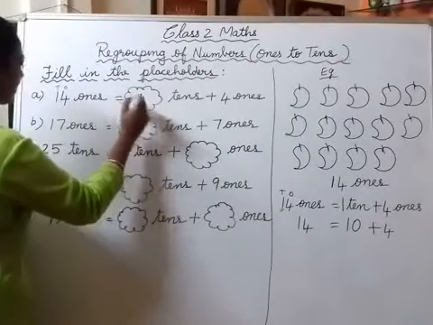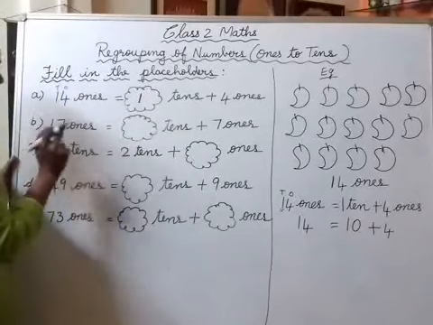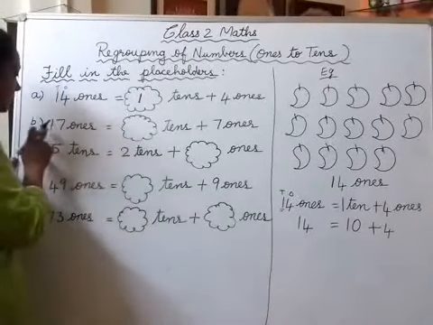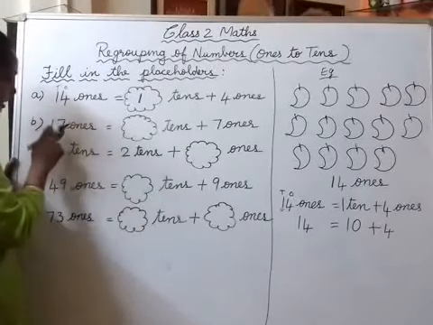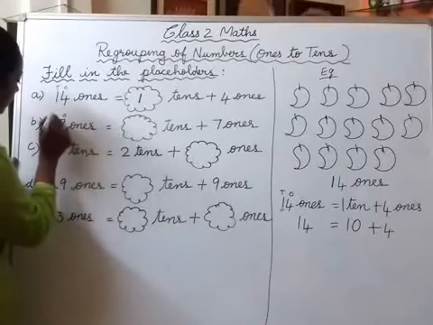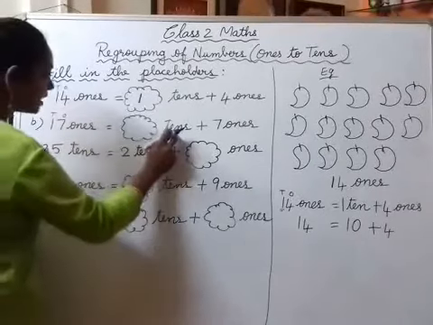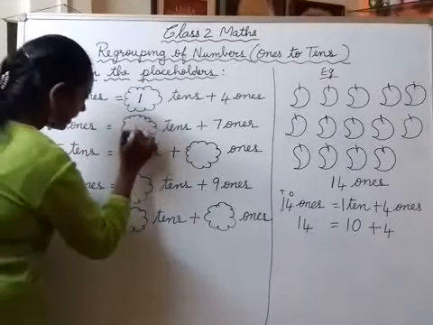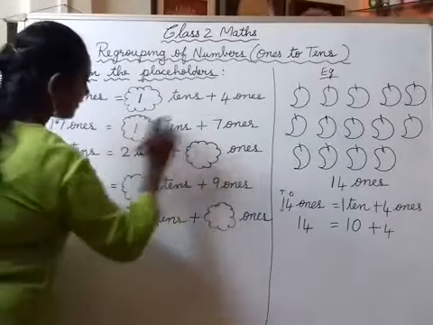Okay, next, 17 ones. 17 ones में कितनी tens होगा, कितनी ones होगा? 1 ten and 7 ones. So first write ones, tens. Dash tens plus 7 ones. Dash tens, that is 1 ten, and 7 ones.